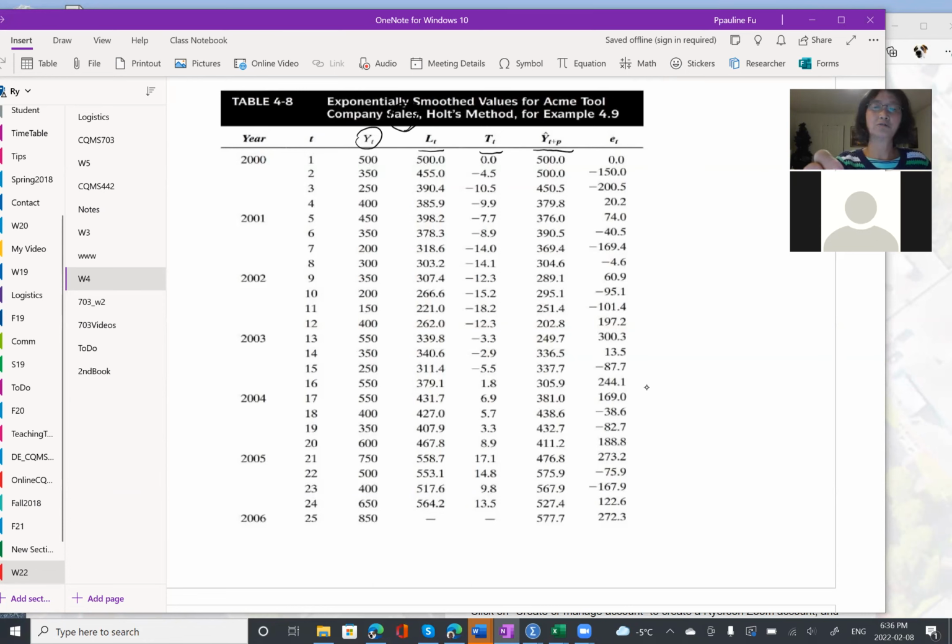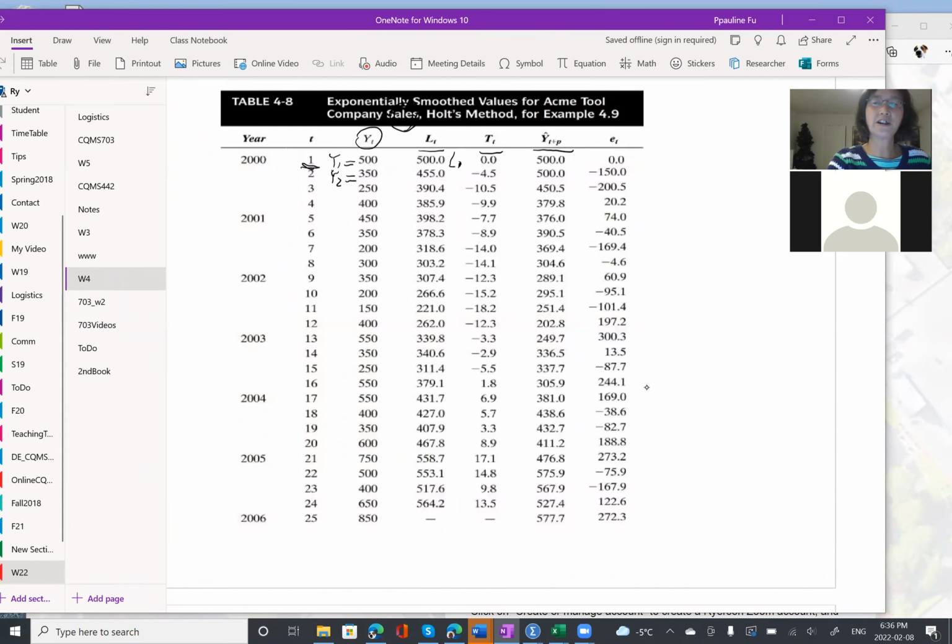Okay. So how do we get the first LT? This is T equal to 1. So this 500 is actually L1. L1 is 500, and L1 equal to Y1. Y1 equal to 500. It is given. Y2 is 350.